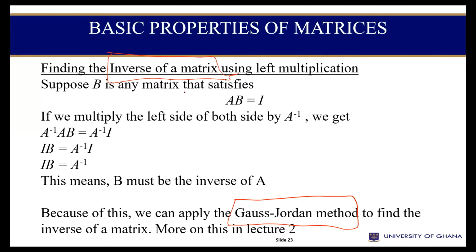Suppose B is any matrix that satisfies AB; it is only possible to get an identity matrix if A is the inverse of B, as I intimated earlier. If we multiply the left side of both sides by A inverse, the result should give us B, so B is equal to the inverse of A. We can do that operation using the Gauss-Jordan method, which we'll discuss in the next lecture.